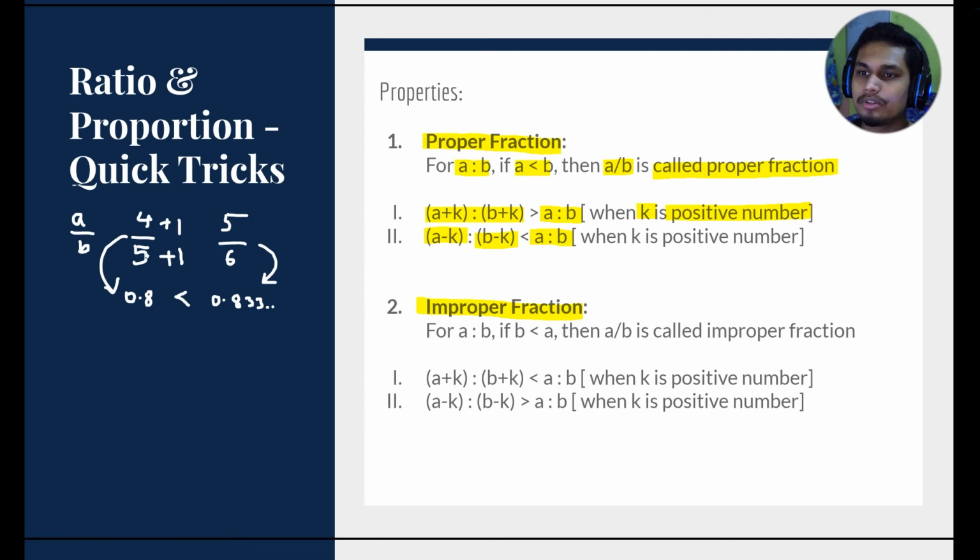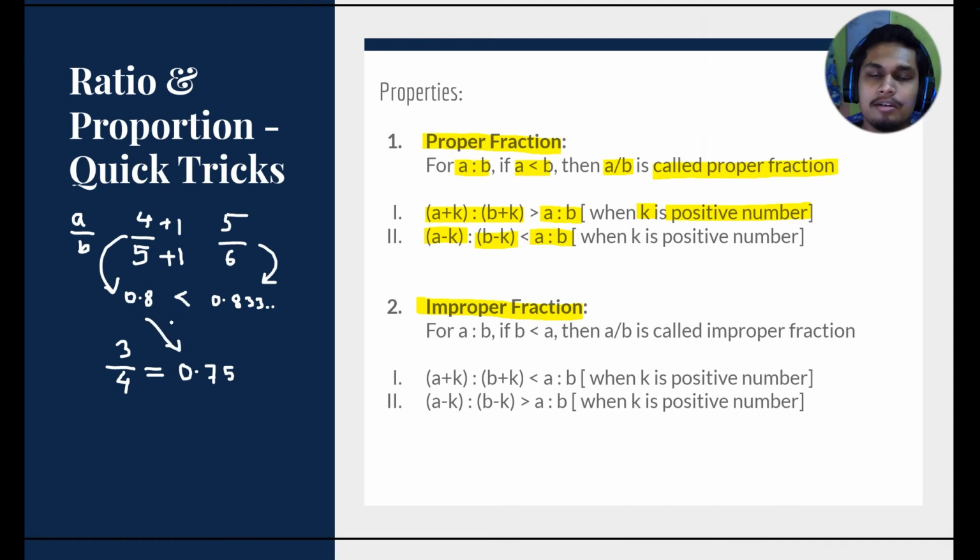If we try to subtract 1 from the same ratio, we will get 3/4, and you know the value of 3/4 is 0.75. Here you can see the value decreased. Correct.